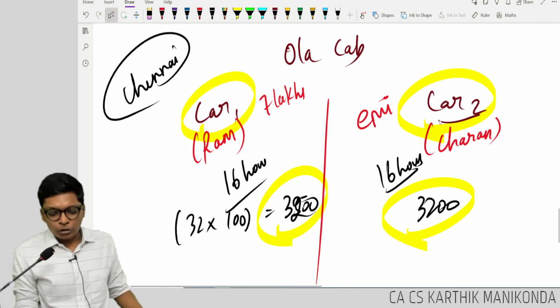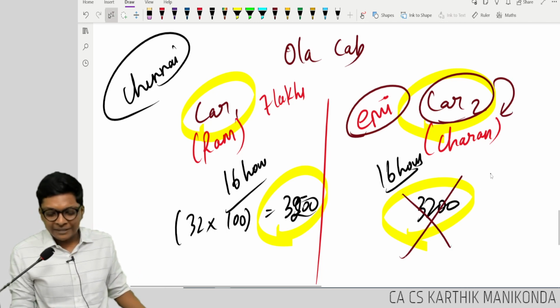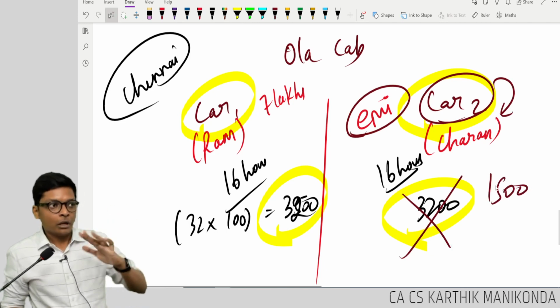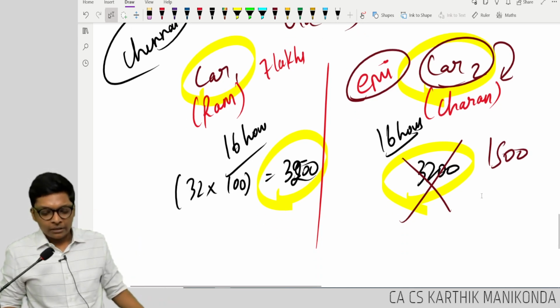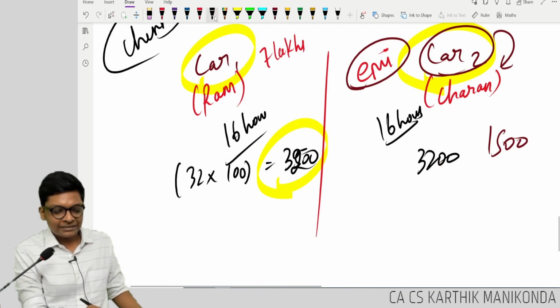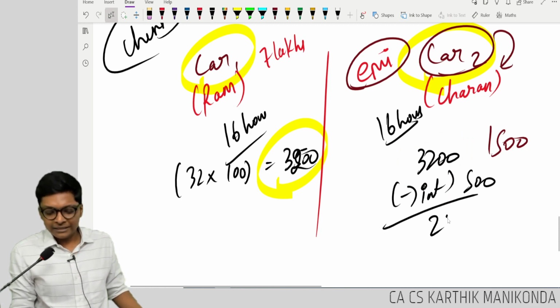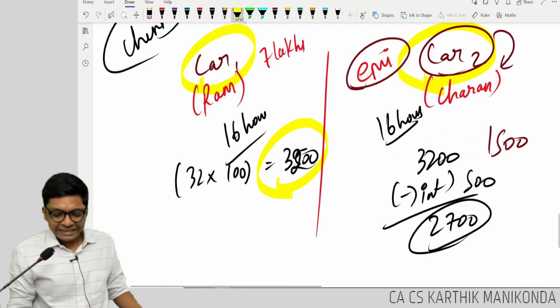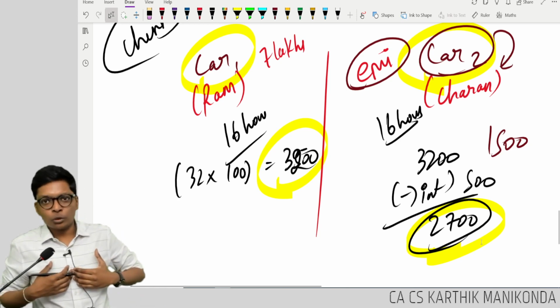Will Charan's car talk to him and tell, hey, I am a car on EMI, I will not get this much, I will get only 1,500? No. What I am able to generate is 3,200. But what I take home is minus interest, let's say 500 rupees interest, so 2,700 is what I can take home. Now, what you take home is what you get.